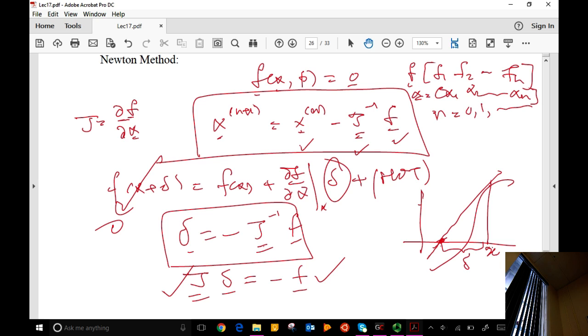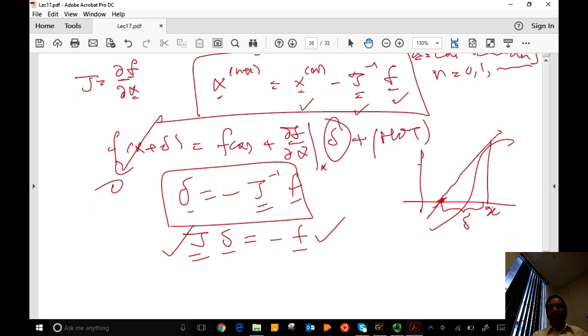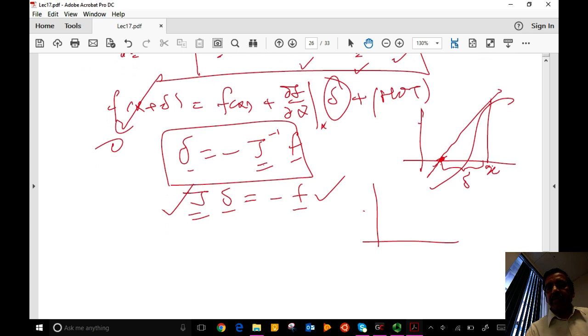So that's a simple idea, but it converges quadratically. What does that mean? It means if you plot delta, which is your error, the correction that you are making, against the iteration number, you're going to get something like this, the error squared. So if the error at some iteration is 10 to the minus 3, you do one more iteration, it goes to 10 to the minus 6. One more iteration, it goes to 10 to the minus 12.